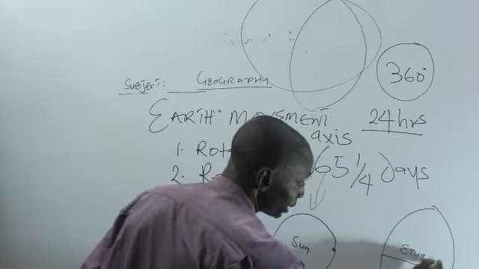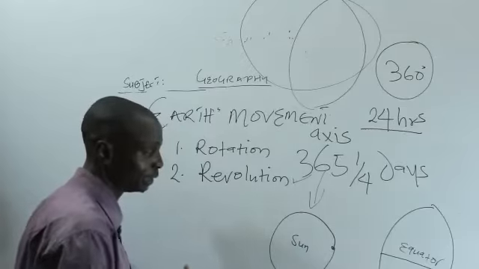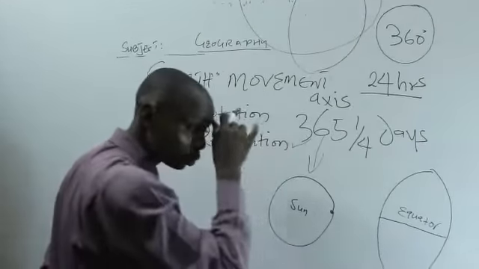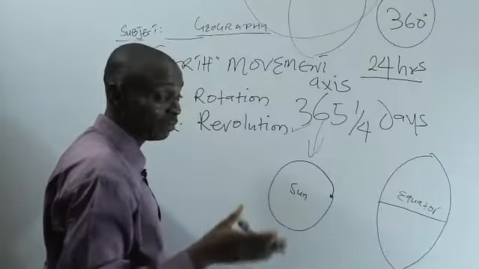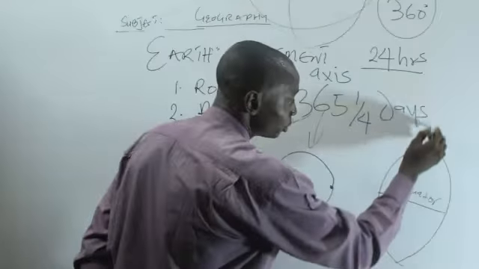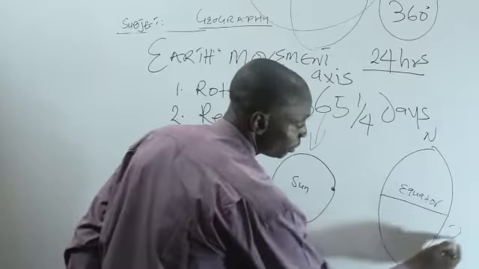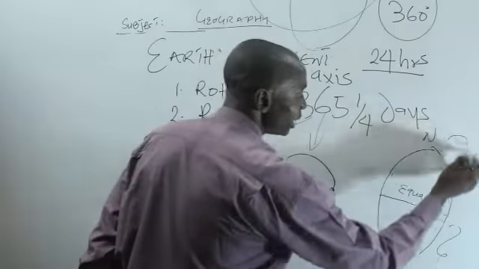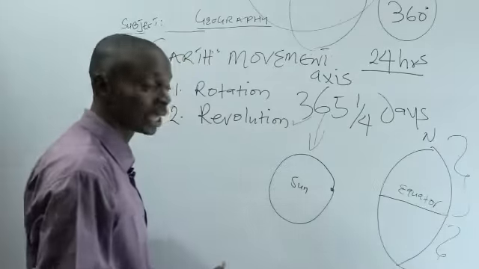We are going to come to that, but let me explain this because of what I'm going to tell us now. This line is called the equator. Equator is a line that divides the earth into two equal halves. From here, this is the north, this is the south. From here to this is called the southern hemisphere, while from here to this is called the northern hemisphere.